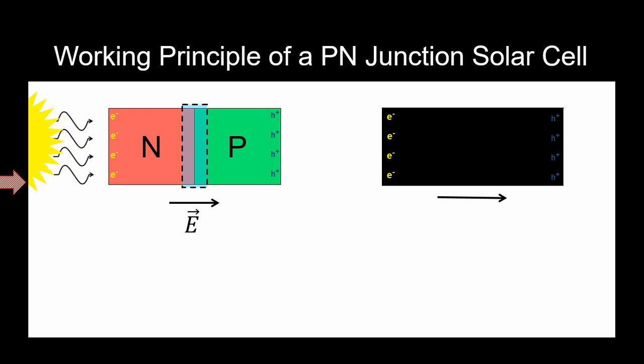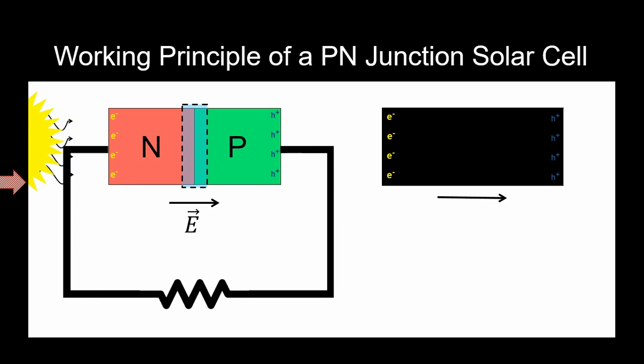Now if this device is connected with a load, then due to that drift, electrons would start flowing through the load to recombine with the holes which are available at the other contact. And hence we get net current in the load. And that is how a solar cell operates. You can say it is effectively a current source. So a solar cell is a current source. The more light you incident, the more current you will get.